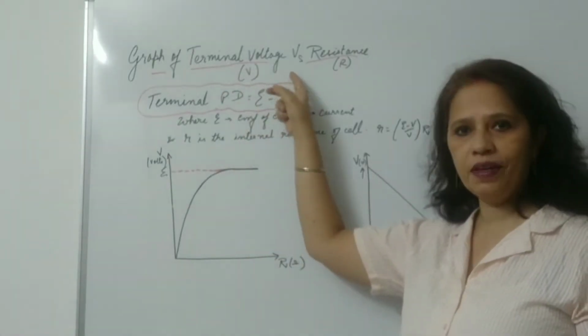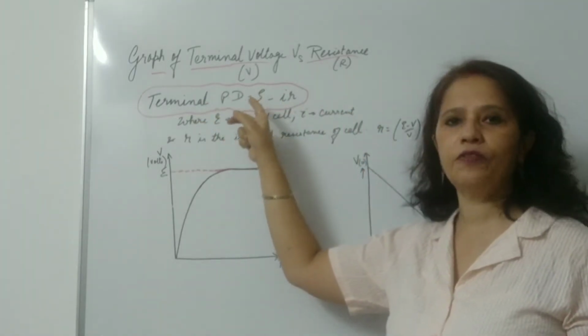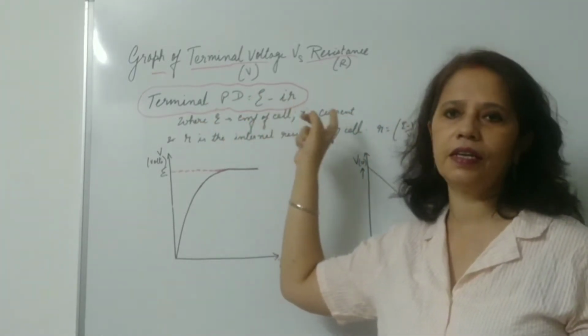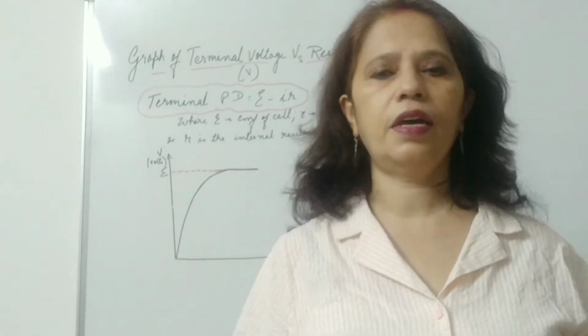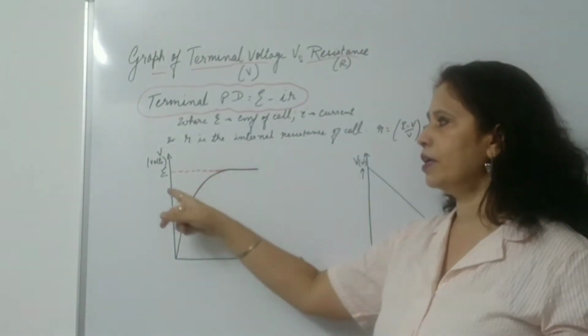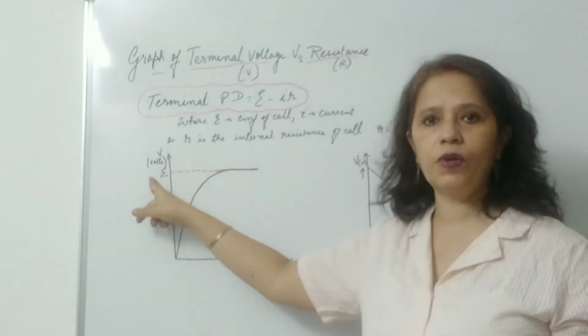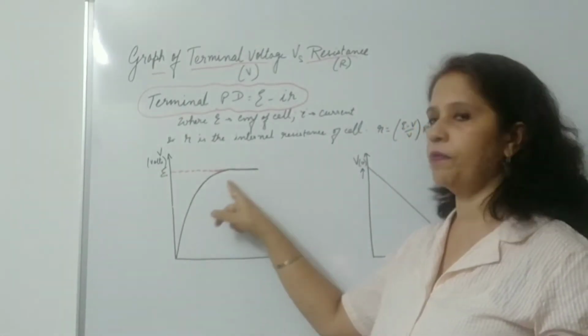Now graph of terminal voltage versus resistance. Terminal potential difference is equal to E minus Ir, where E is your EMF, I is your current, and r is your internal resistance. And if we plot a graph of terminal voltage versus external resistance R, we get this type of graph.